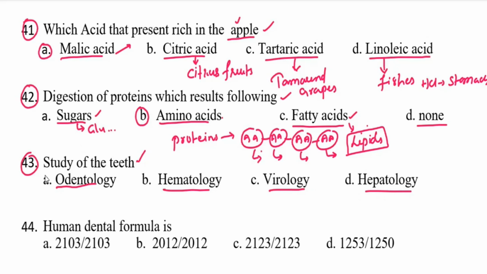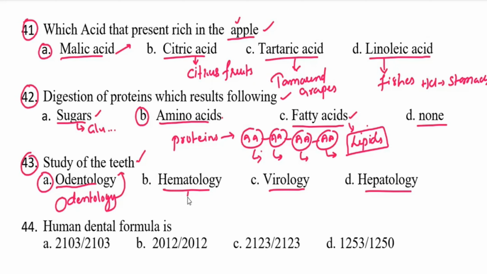Let us see the answer. The answer is A, odontology, which is nothing but dentology; we just add an O, which gives odontology. It is very easy to identify. Odontology is the study of teeth.